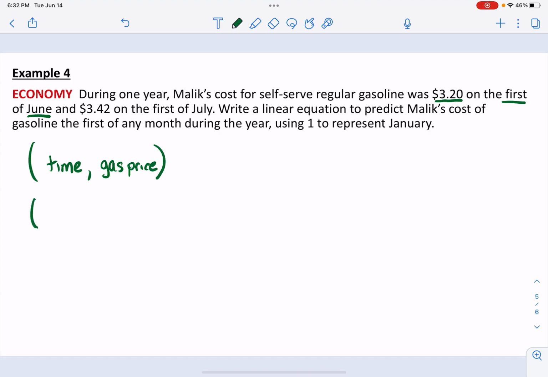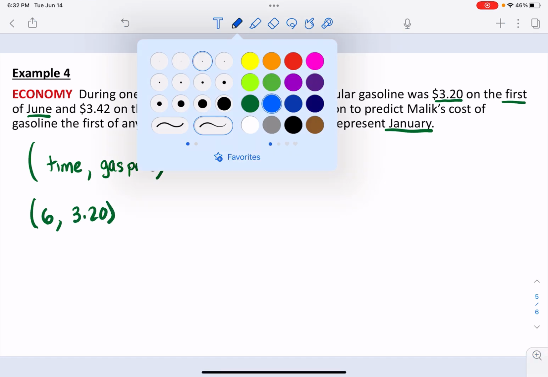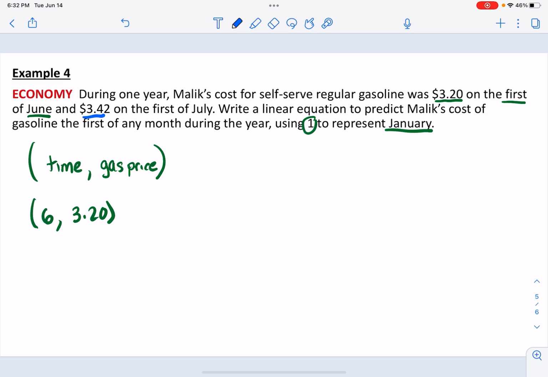So the 1st of June, that's the 6th month. How did I know that was 6? Because we use 1 to represent January, so June is 6th. And that is $3.20. Then they've also given me another point. $3.42, 1st of July. July is the 7th month.